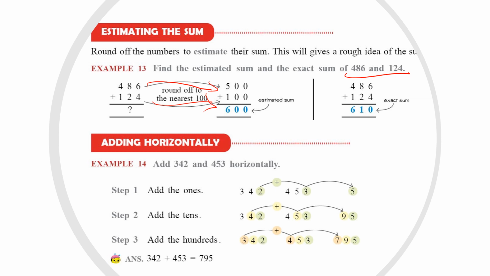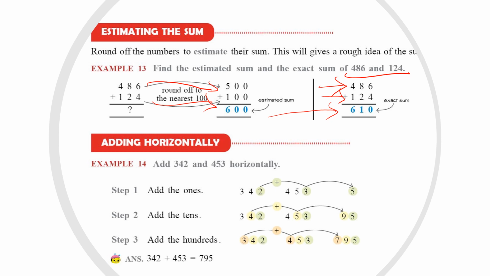Next, here we are going to find the exact sum, that is the actual answer. Add 486 with 124. What are we getting? We are getting 610. So check that our estimated answer and the exact answer are very close to each other.